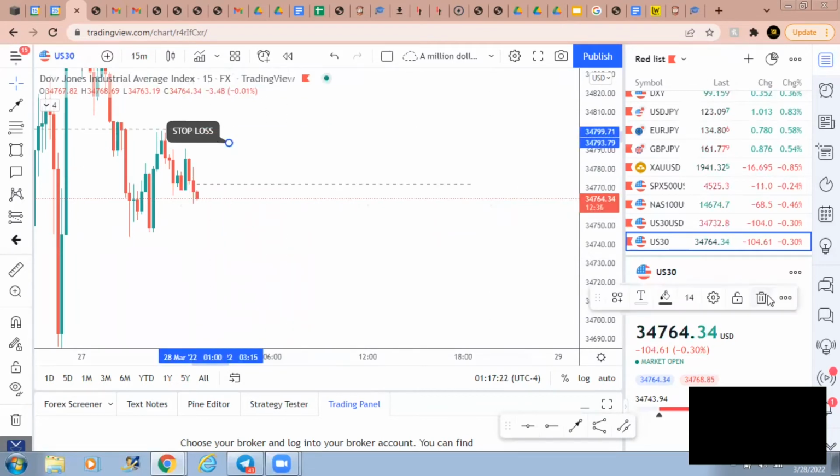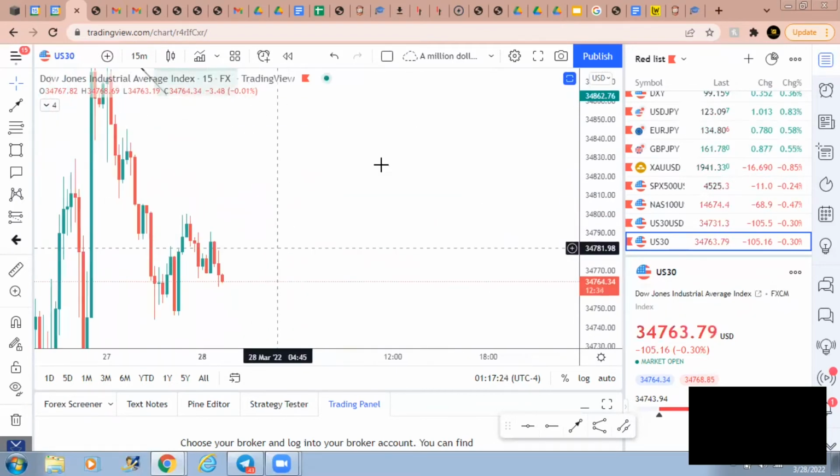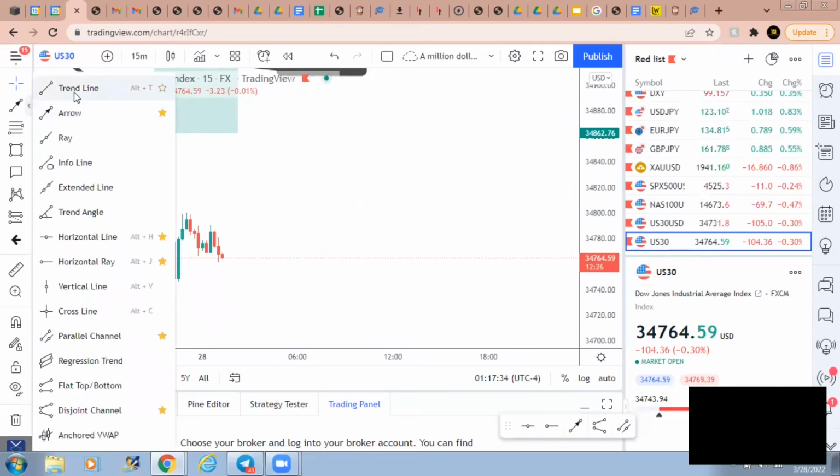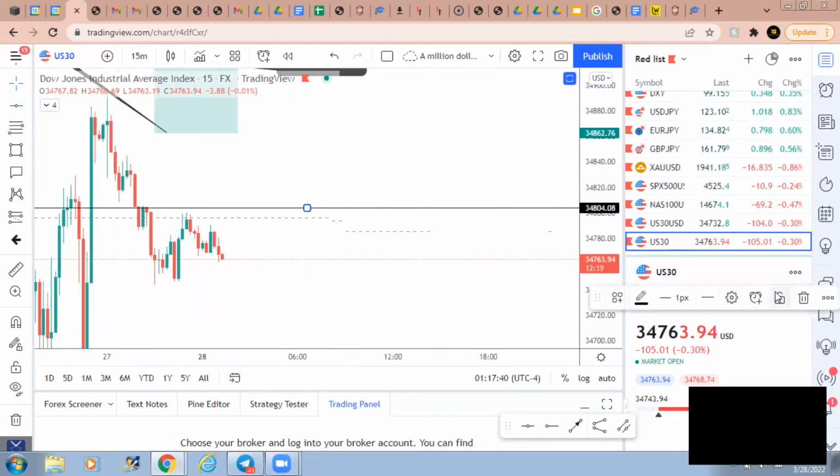That's exactly how you get the long positions and short positions. For example, you see the arrows I was using. They're in the trend line tools. You have the trend line, and you have a horizontal line. You can just click any of these and it will show up on your chart, and then you can delete it if you need to.